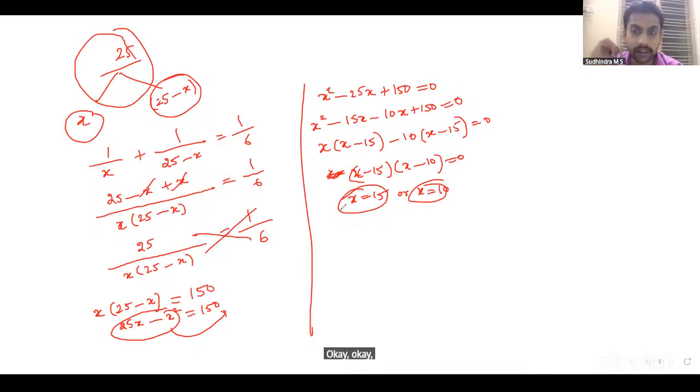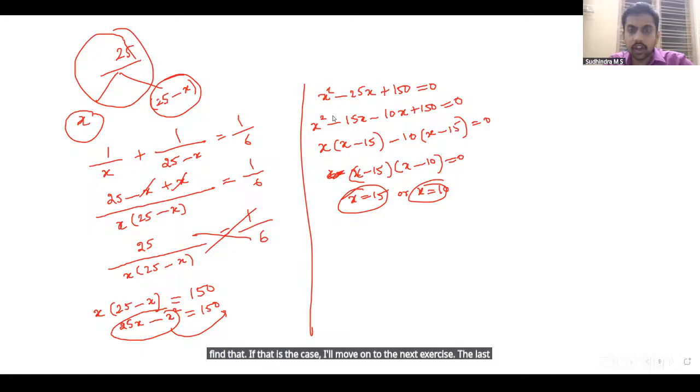Anyone writing, by the way? Fine. Then if that's the case, I'll move on to the next exercise. The last exercise in quadratic equations. Yes, sir. Come to question number 1.